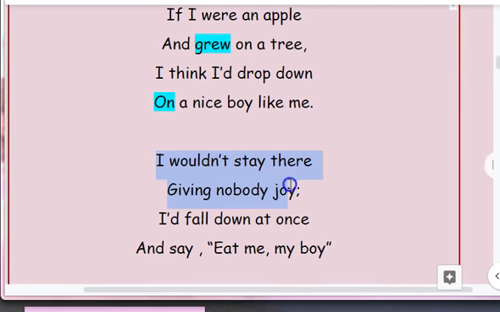So what can you say about this part in the story? This first line, can you read it? I wouldn't stay there giving nobody joy. Okay, so what is the boy saying in this sentence? He doesn't want to just do nothing.